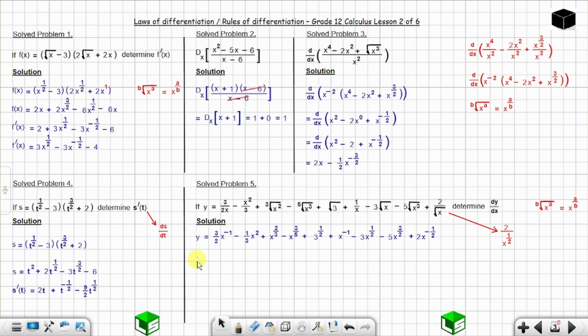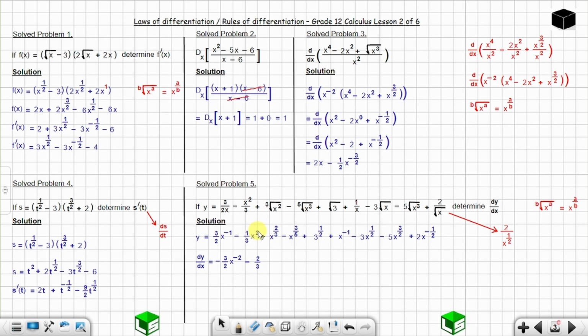Now, the derivative is equal to negative 1 times this coefficient 3 over 2, so negative 3 over 2 x to the power of negative 2 when you subtract 1 from the exponent. Okay, negative, you take the exponent times the coefficient, it will be negative 2 over 3, right?